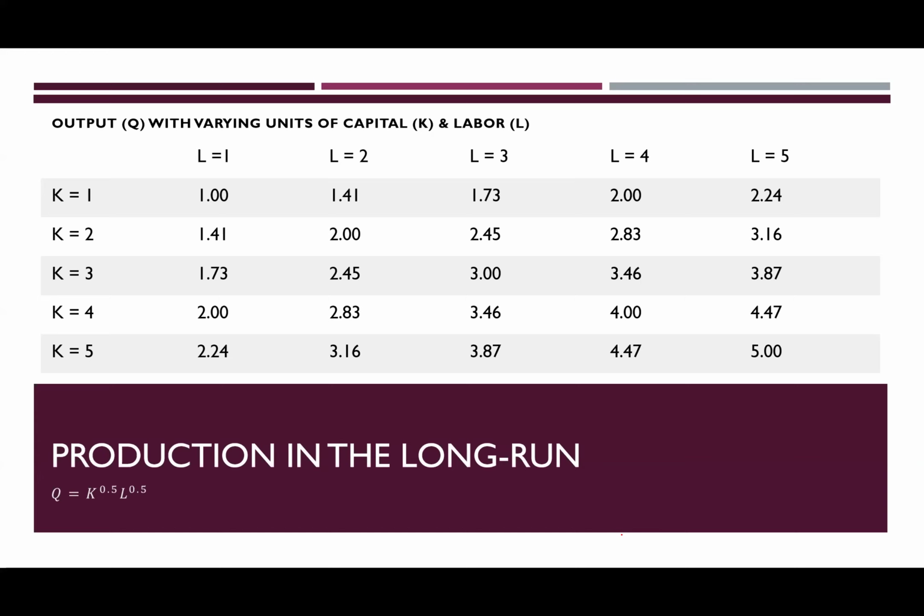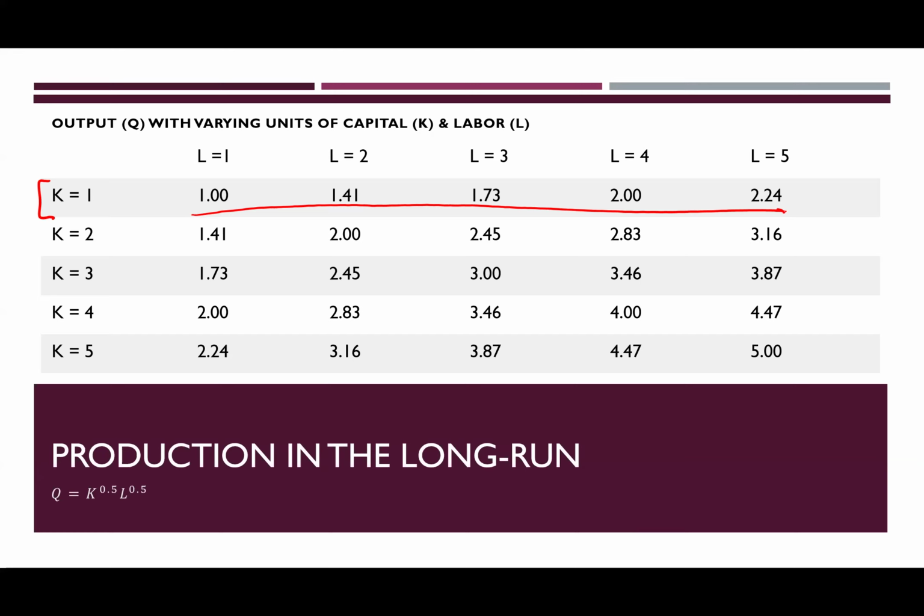So let's look at our K equal to 1 row here and just stay there. So let's say, okay, we're going to keep K constant for now, keep just that single machine in use, not add anything else. How does output vary with labor? That's going to be shown here in this row, right? As labor increases and capital is held the same, output goes up, but at a decreasing amount, okay?